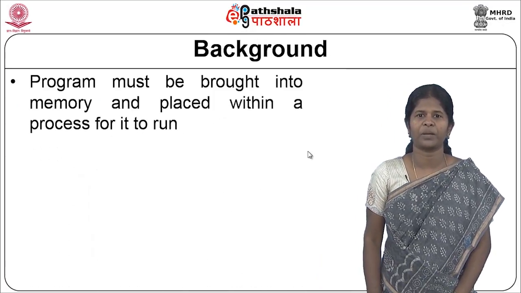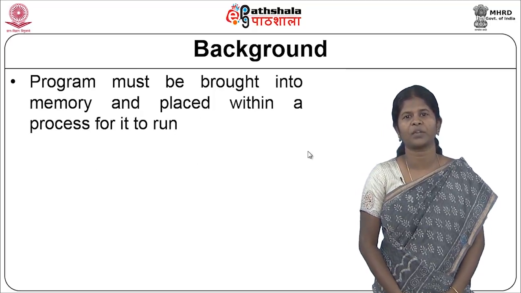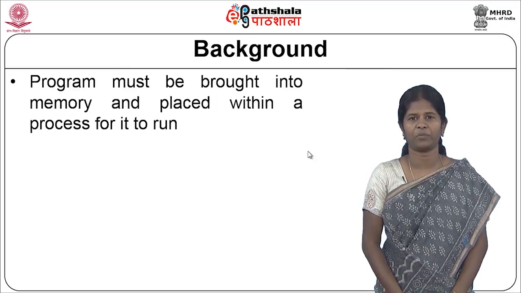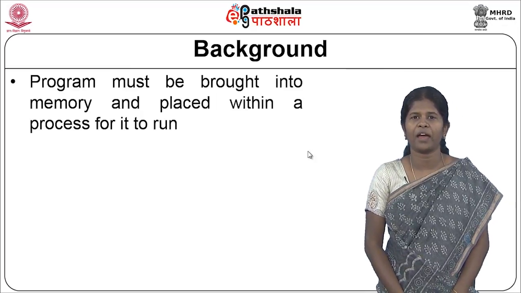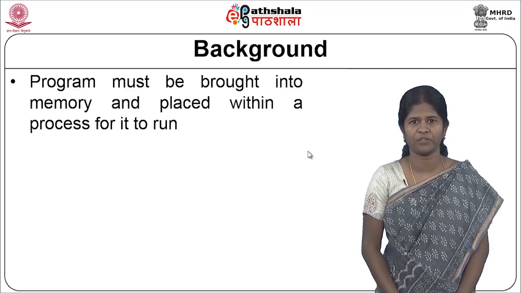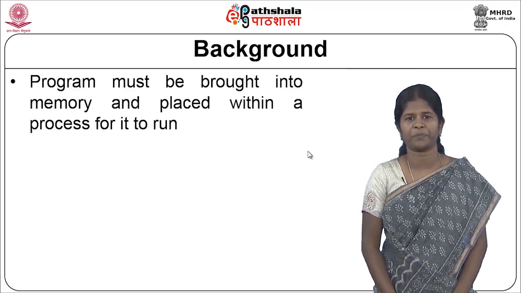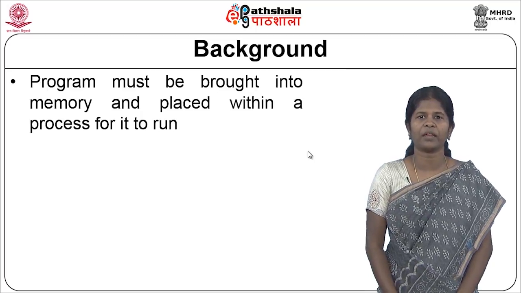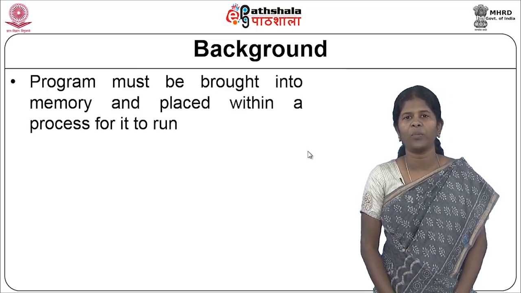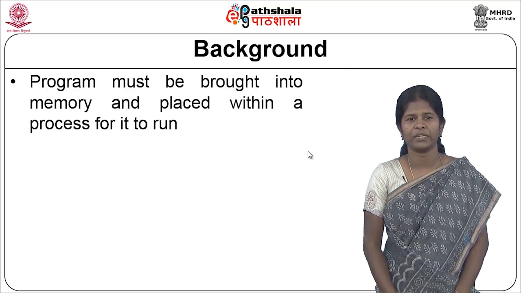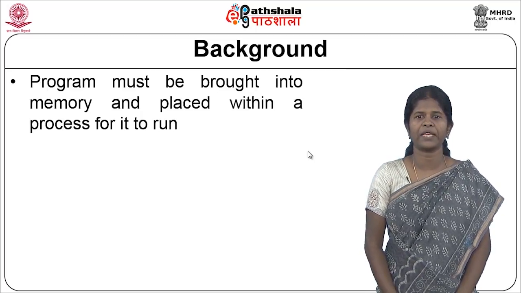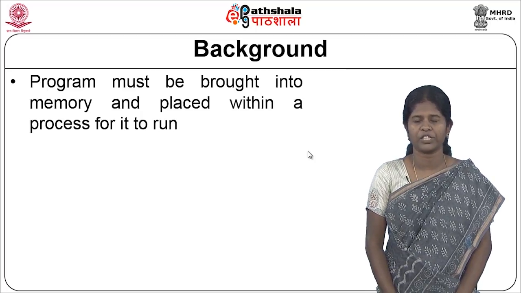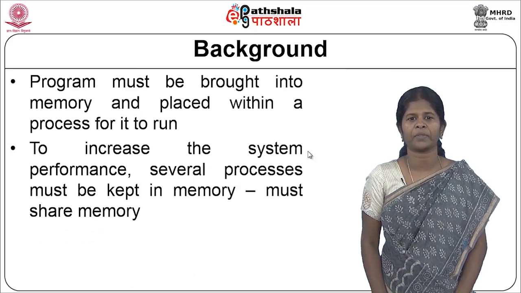So, we learned about a multi-program system in an earlier class, where multiple programs can be placed in the main memory, or you can have multiple programs which are active simultaneously. When a process is under execution, that process should be brought into the main memory and kept there.